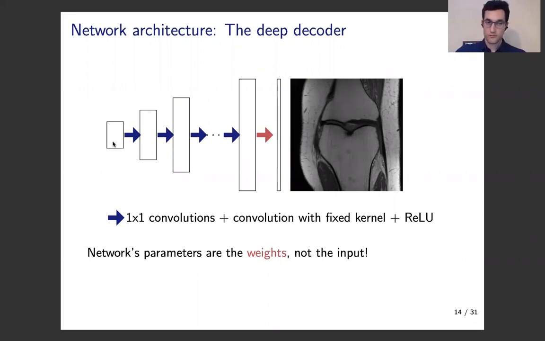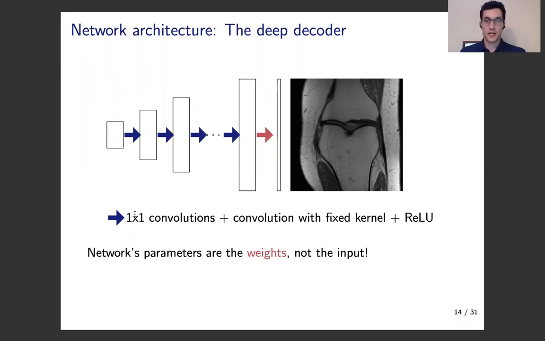The way we go from one set of channels to the other set of channels is using the following operations. First, we do 1 times 1 convolutions. 1 times 1 convolutions are not really convolutions, actually, but that's what deep learning people call this. It's essentially weighted linear combinations of those channels.